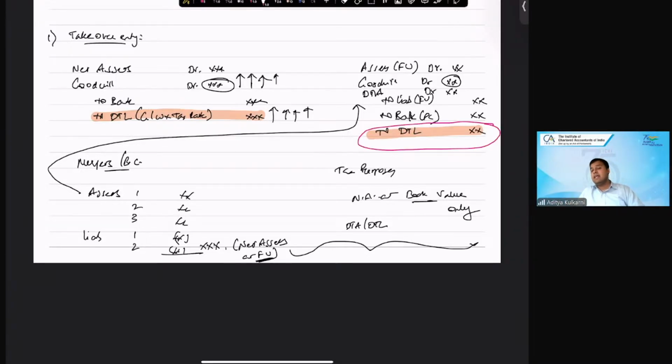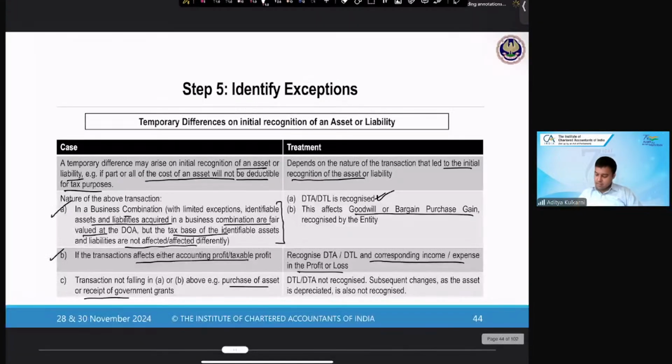This is the DTL or DTA pertaining to all other assets and liabilities other than goodwill on account of business combination. Are you able to follow? Yes, sir. This you have to recognize. So they are saying DTA or DTL is recognized.